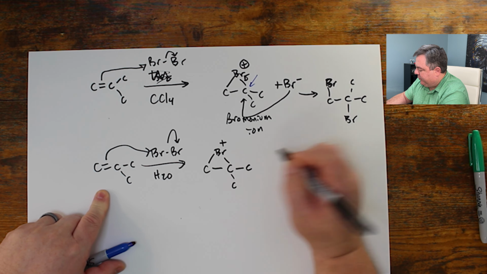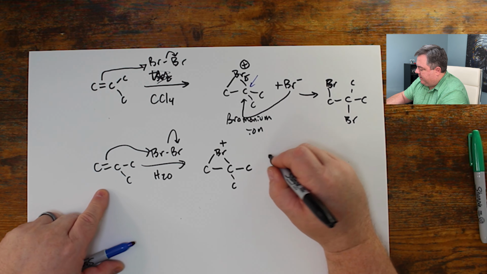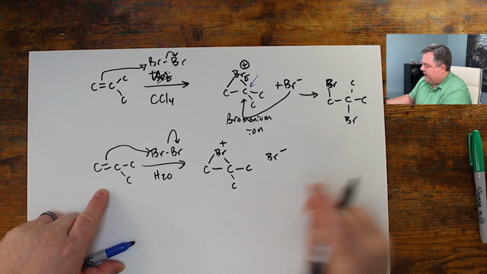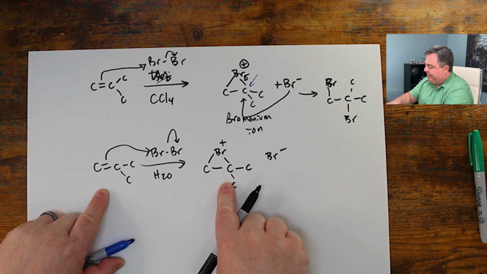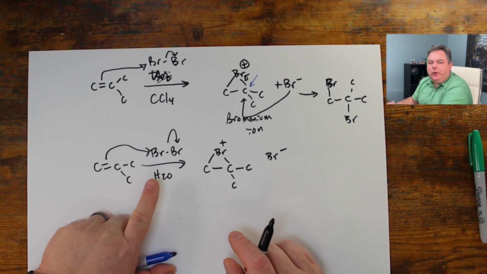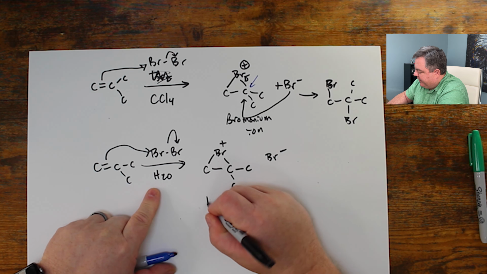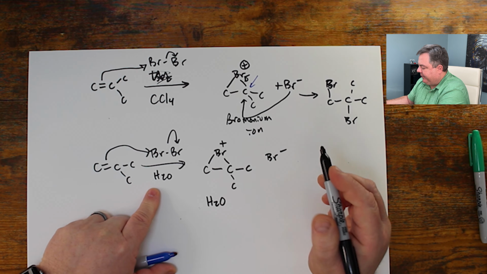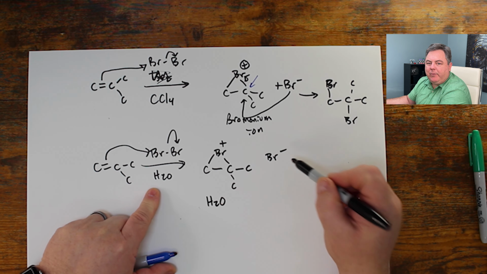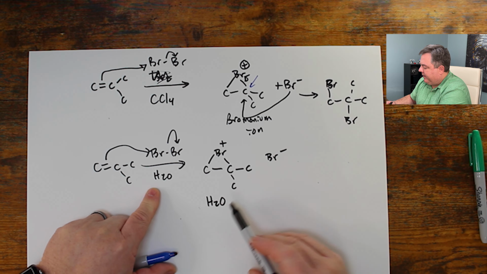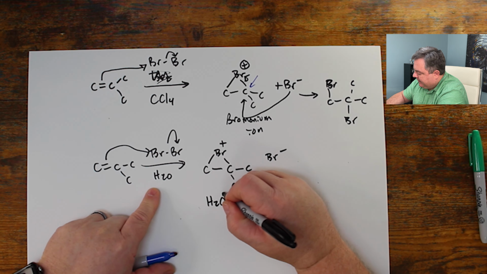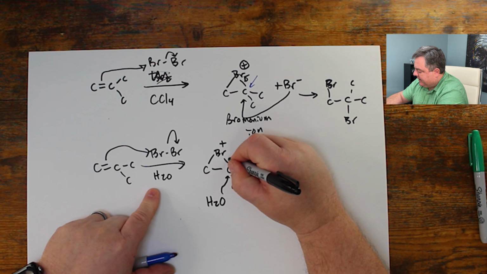And this carbon has 2 carbons on it. And we still have Br minus that would want to backside attack. But if we use water as the solvent, there are gazillions of waters in this beaker and very few Br minuses, bromides. So instead of the Br minus attacking, the water will backside attack.